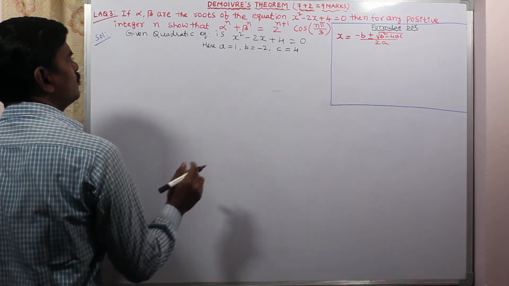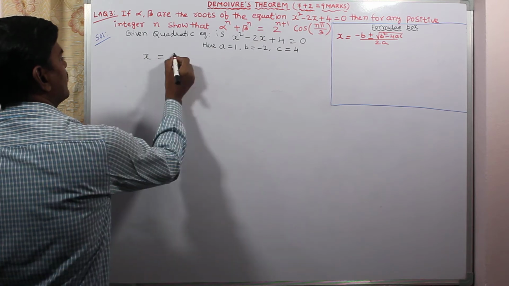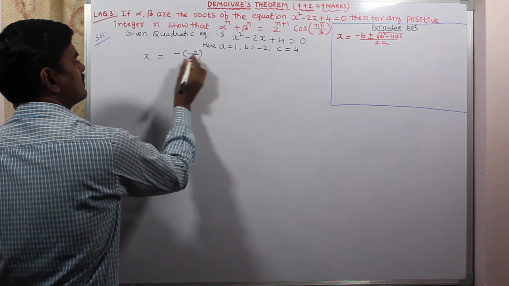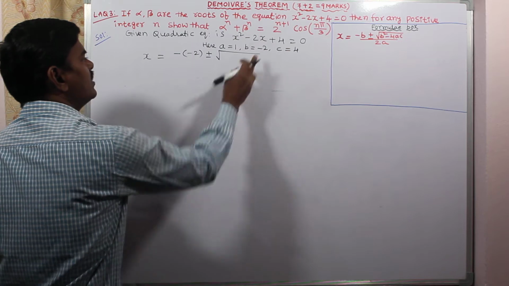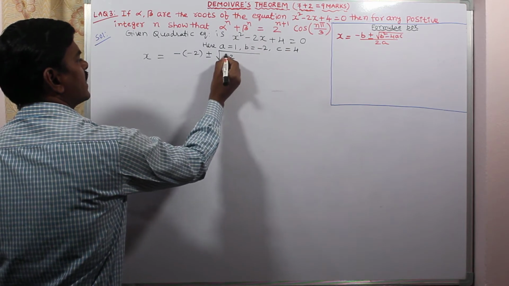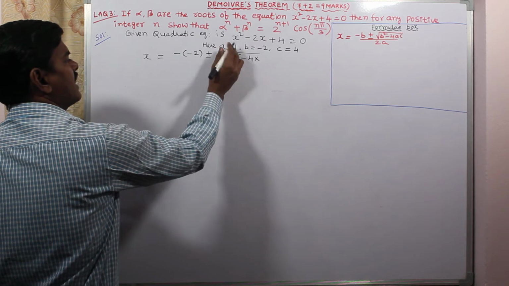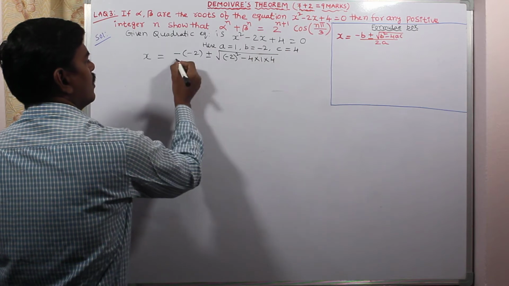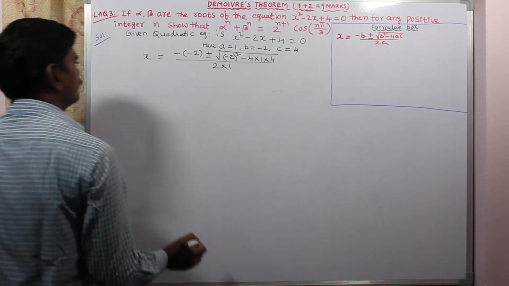We are going to get two values for x. So x equals minus b, b is minus 2, plus or minus root over b square, minus 2 whole square, minus 4ac, a is 1 into c is 4, by 2a, 2 into a which is 1.